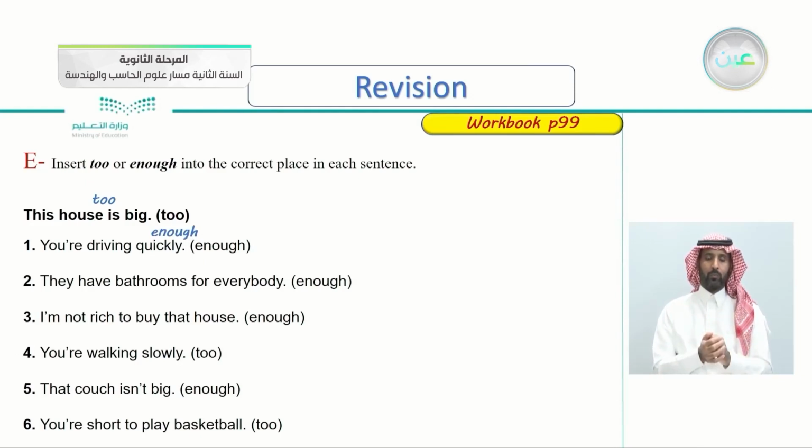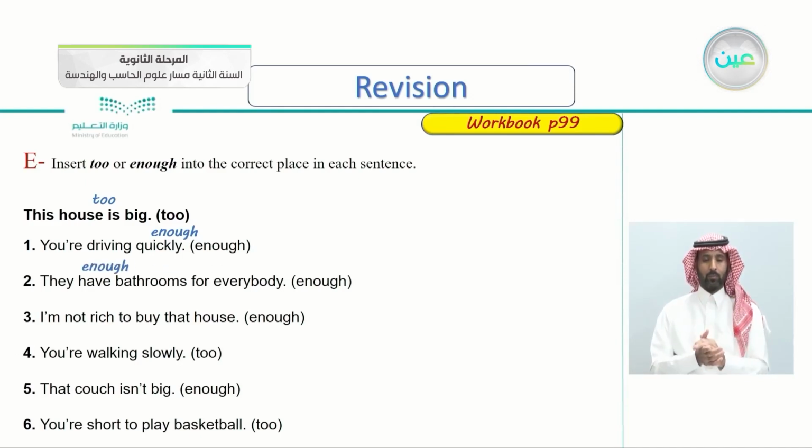Number 2, they have bathrooms for everybody, and the word enough also. So where does enough fit in this sentence? So let's check the answer here.